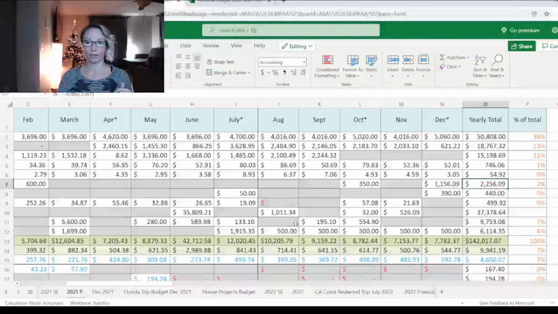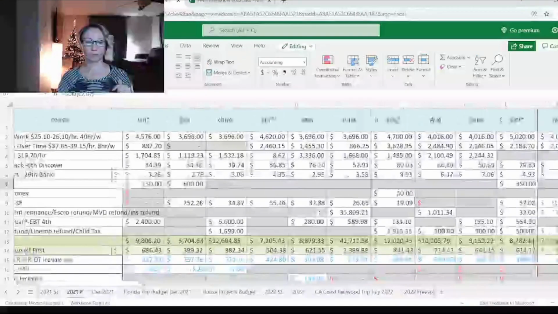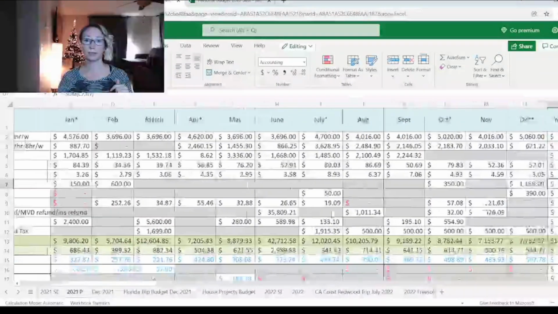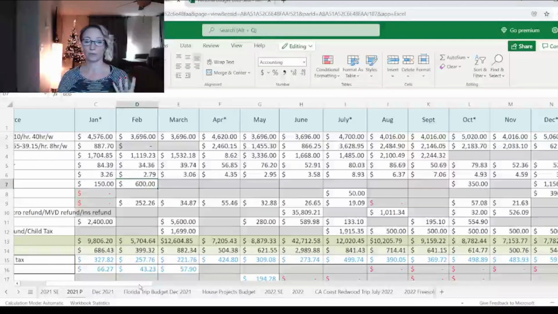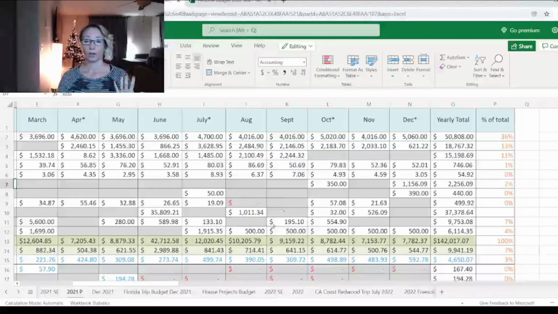The other category here, this $2,200, was worth of bonuses. So I had a $150 bonus from Amazon, and then Ricky had $600 from his yearly bonus with his work. He received his $350 from his health reimbursement. So every year we get our physical exam in July, and then we submit certain results to his employer.